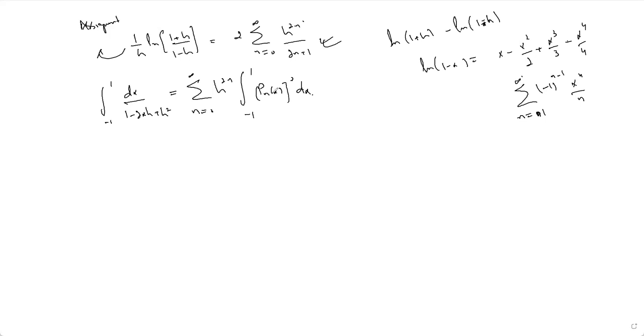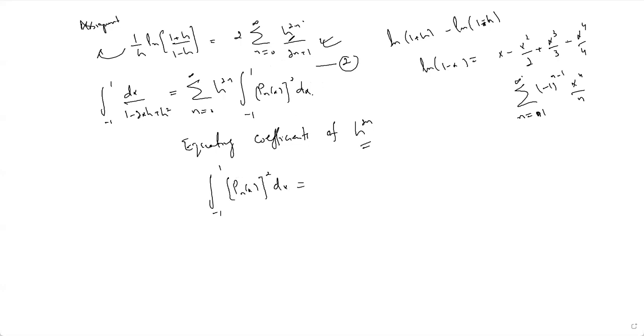Name this as equation 2. Here I will just equate the coefficients of powers of h raised to power 2n. Here also it is h raised to power 2n, and there also it is h raised to power 2n. So on equating the coefficient of h raised to power 2n from these two equations, we have the integral from minus 1 to 1 of pn(x) whole square into dx equal to, what is the coefficient here?